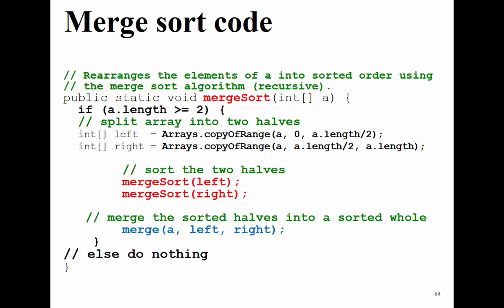We take the second half and put it in right. We do the merge sort for the left half and the merge sort for the right half, and then we call the merge, which merges these two arrays together. Otherwise, we do nothing, which means the array length is equal to 1, one element.